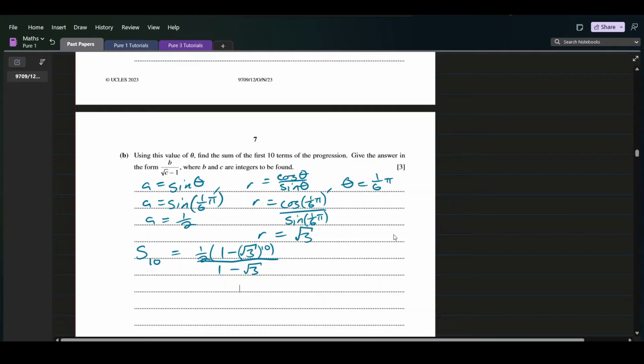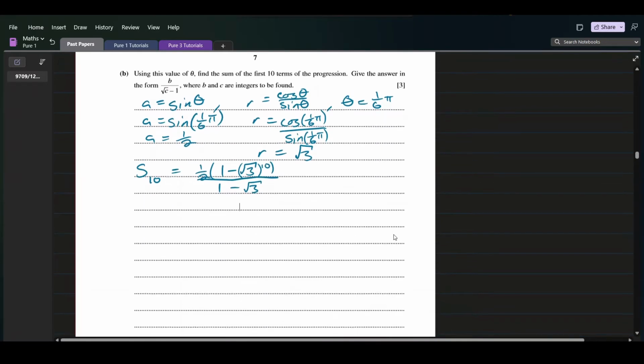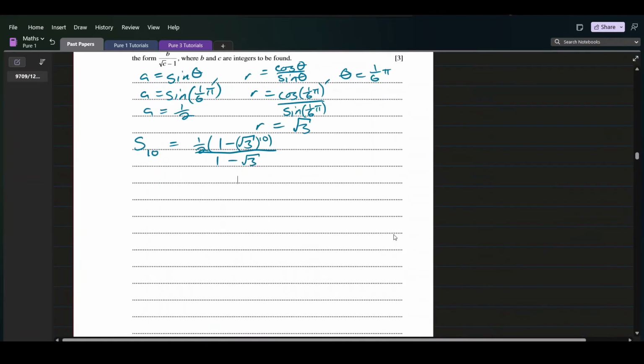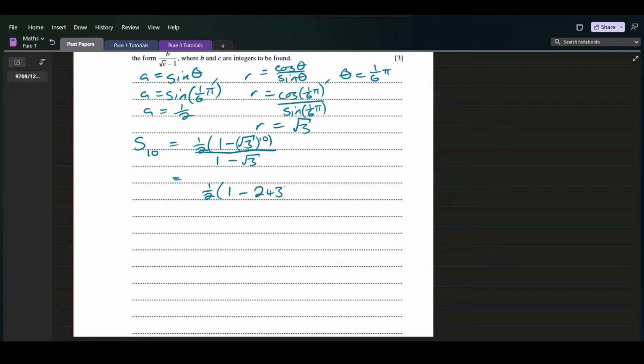Now we have to simplify to get to the form b over root c minus 1. Let's simplify the numerator first. That's half, and 1 minus root 3 to the power 10 can be written as 243. So you've got 1 minus 243, all over 1 minus root 3.